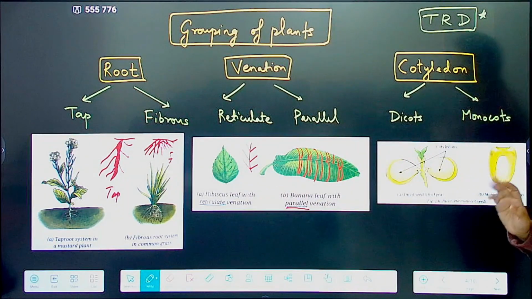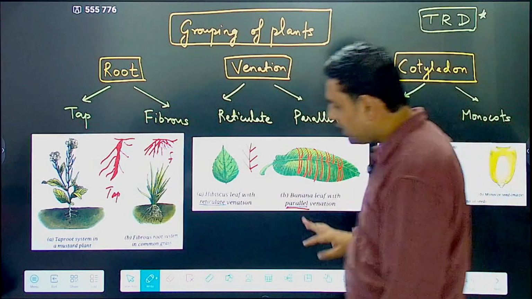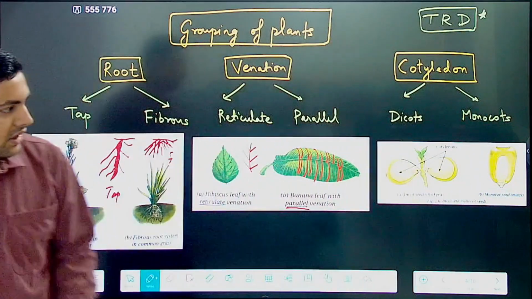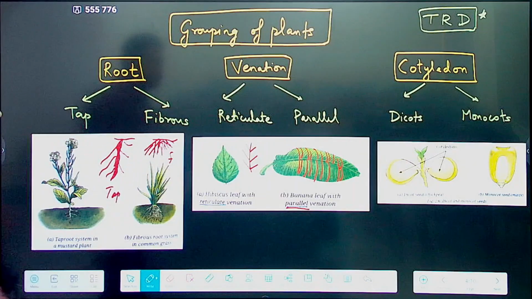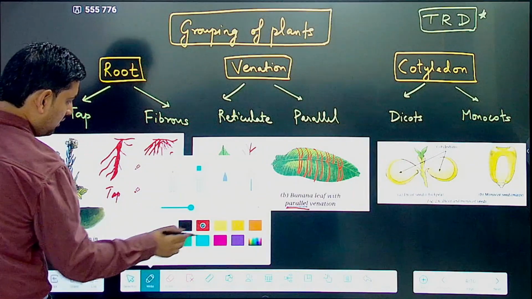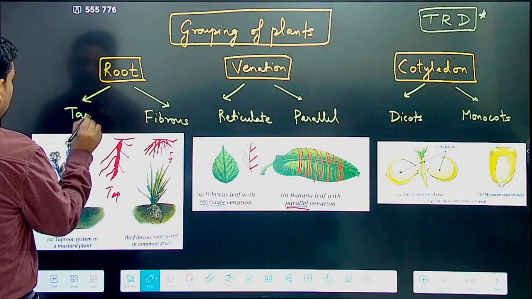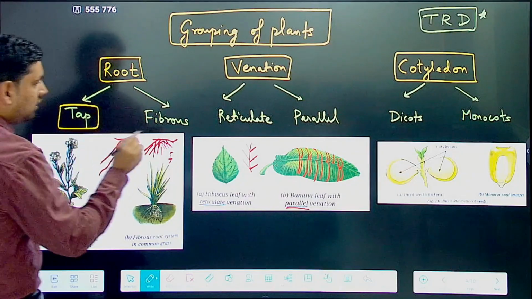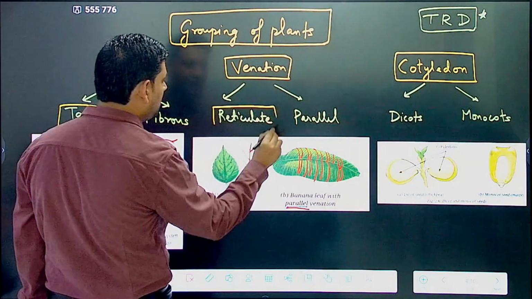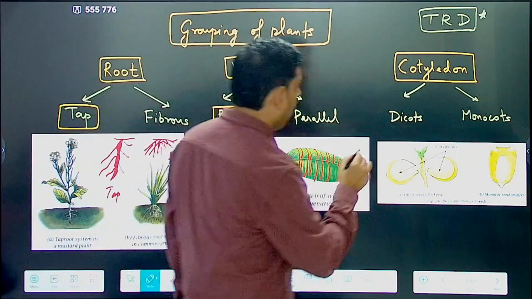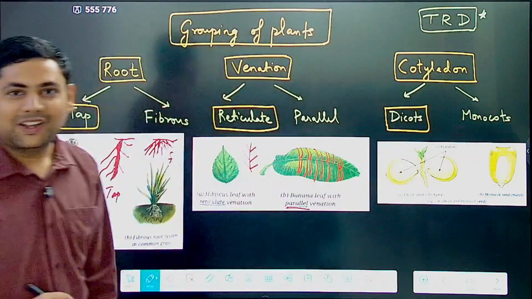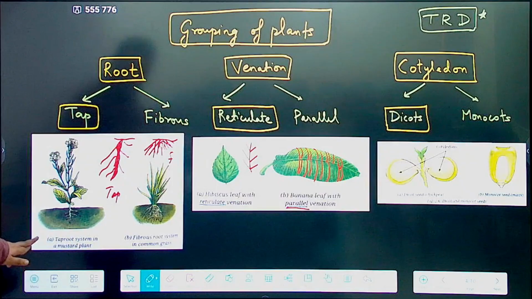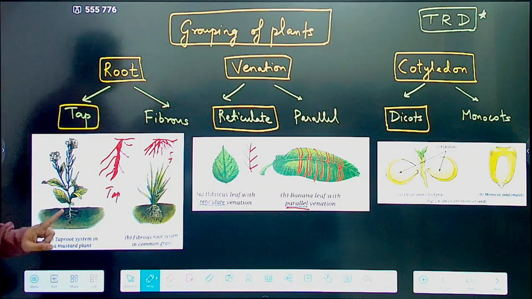Now, how do you remember the connection? So the connection is this. Whatever I have written first, those are actually connected. So if you see here, taproot system will have reticulate leaf pattern and will be dicot. Example, see this plant. From this plant you will understand everything.